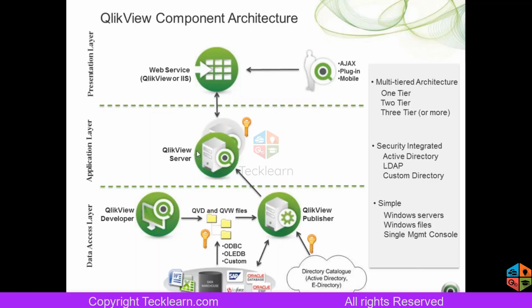The ClickView server helps in the communication between the client and the ClickView application. The presentation layer is accessible by the end user, who accesses it with the help of a browser, a mobile, or whatever gadget. We will discuss the different types of architecture next.